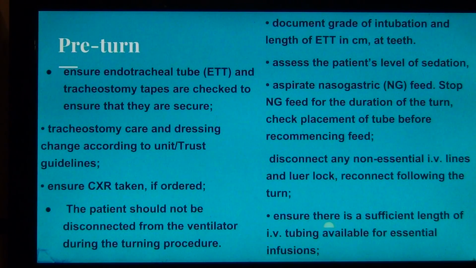Aspirate nasogastric feed. Stop nasogastric feed for the duration of the turn. Check the placement of the tube before recommencing the feeds. Ensure there is sufficient length of the IV tubing available, because you don't want to flip them and then you don't have enough IV tubing and it pops out. Patient would not like that.